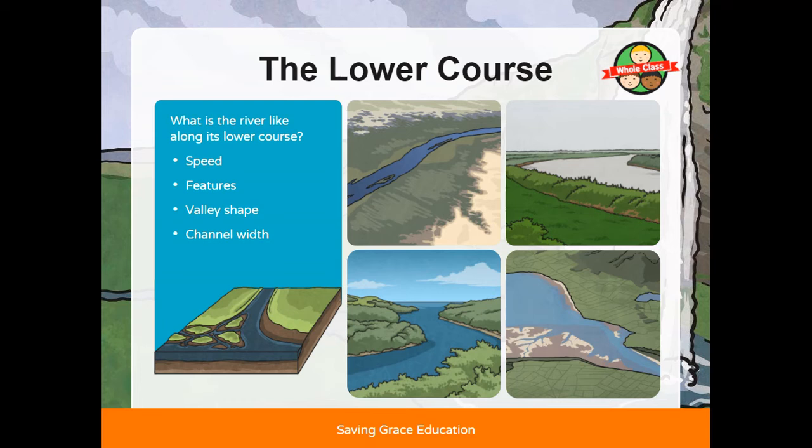The channel width is very broad, and as I mentioned, the valley shape is now even more U-shaped, flat-bottomed. Around the lower course of the river, we find features such as floodplains and deltas.